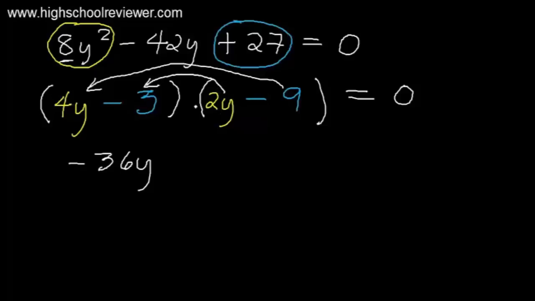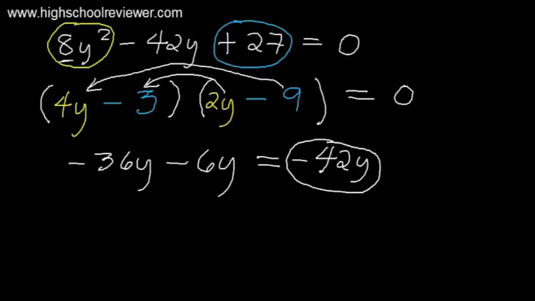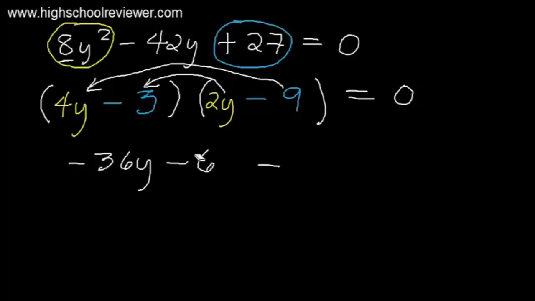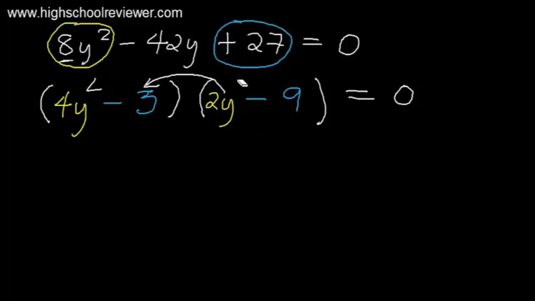So positive 2y multiplied by negative 3 will be negative 6y. So negative 36y minus 6y is equal to negative 42y. Therefore, our negative 42y here is equal to our second term. So these are now our final factors. We will then find the values of y.